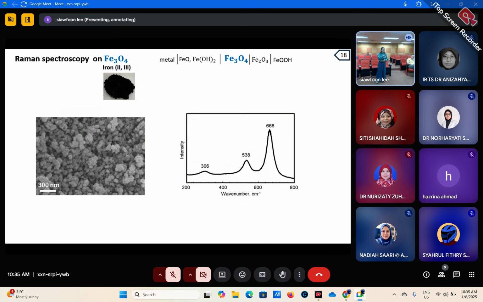However, to detect Fe3O4, the Raman spectroscopy has to show 3 peaks. You have to show 3 peaks. If you show 3 peaks, it means the product that you detect actually belongs to Fe3O4.